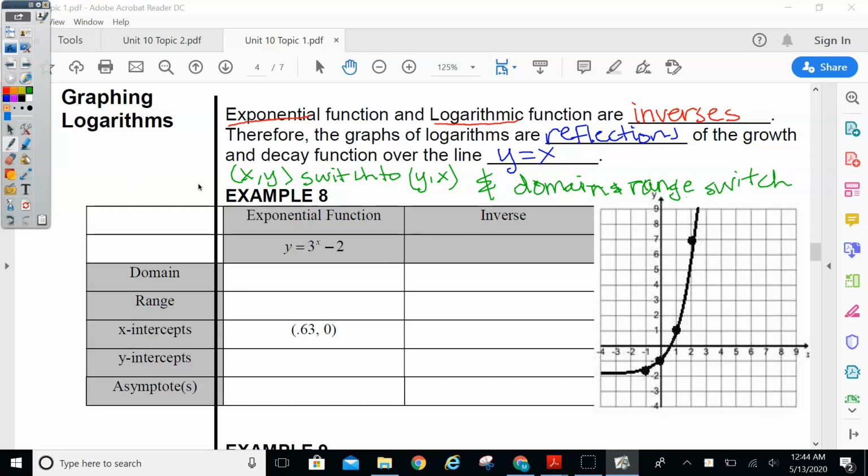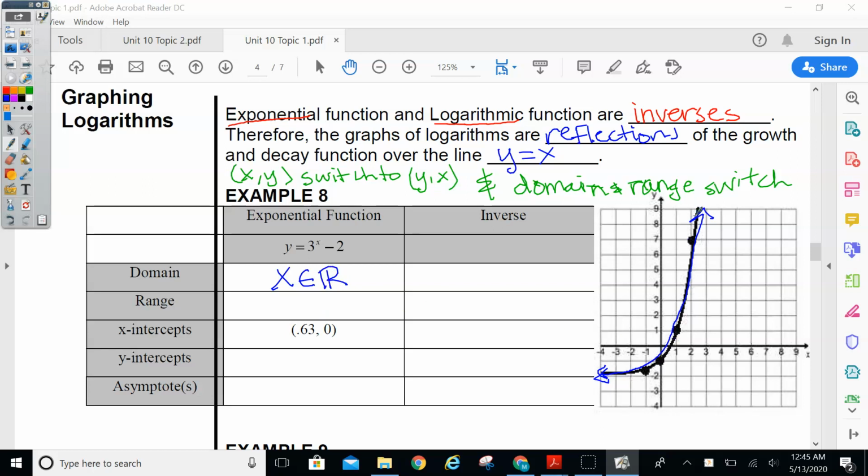Alright, so here is the graph of this function right here. So let's remember all the exponential stuff. So it's going to keep going left and right forever, so the domain is all real numbers.